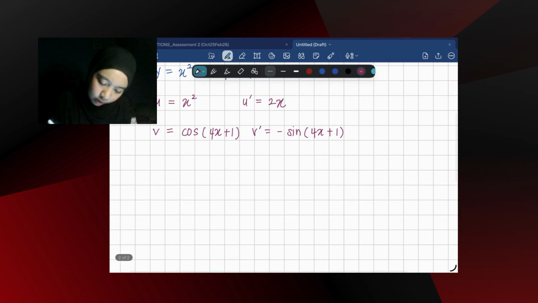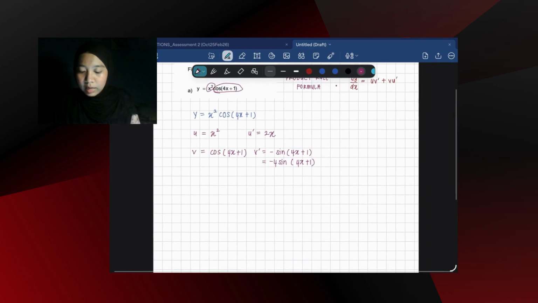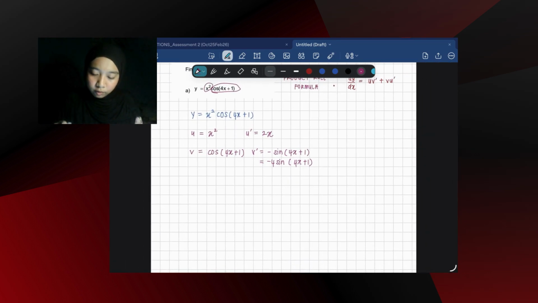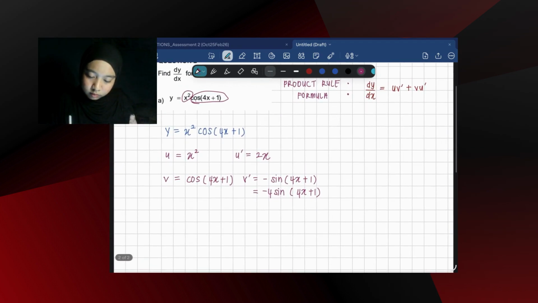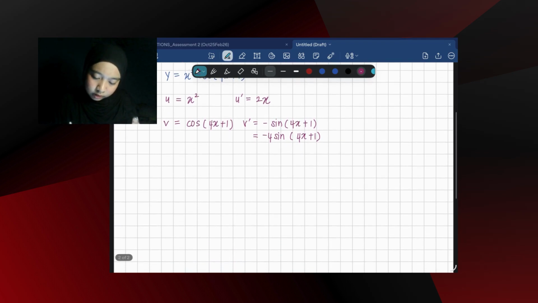So we get negative 4 sine 4x plus 1. After we have all the information, we insert it into the formula.